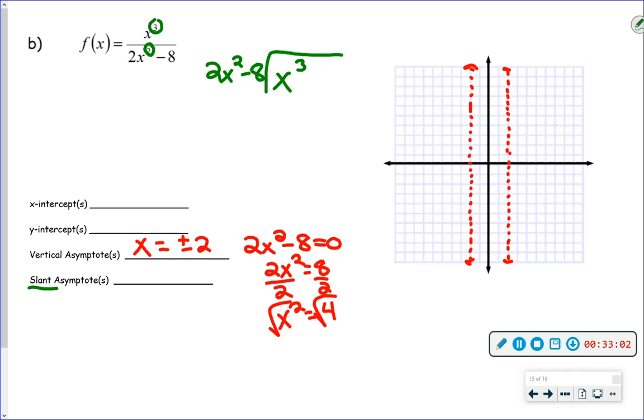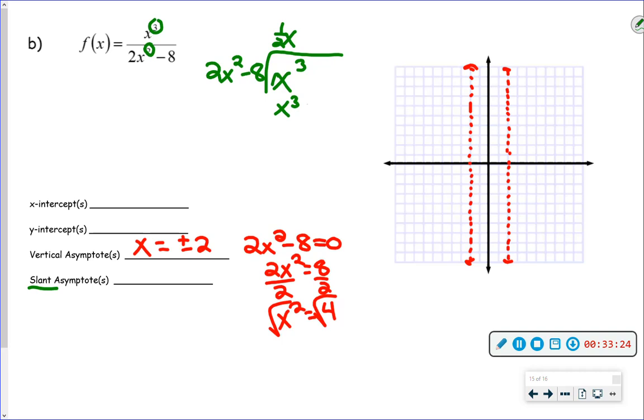What times 2x squared is 1x cubed? Well, I know I need another x. That makes the x cubed. But what fraction am I going to have to multiply 2 by to turn it into 1? How much of 2 do you need to get it down to a 1? Half. Half times 2.